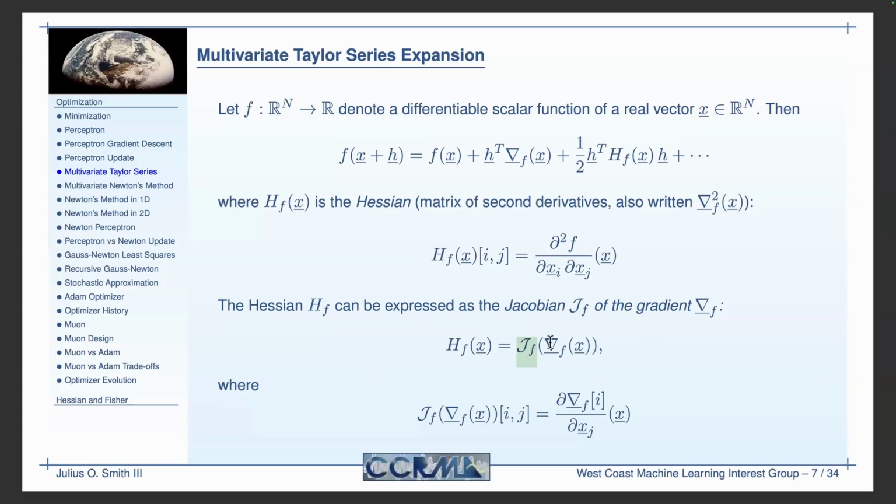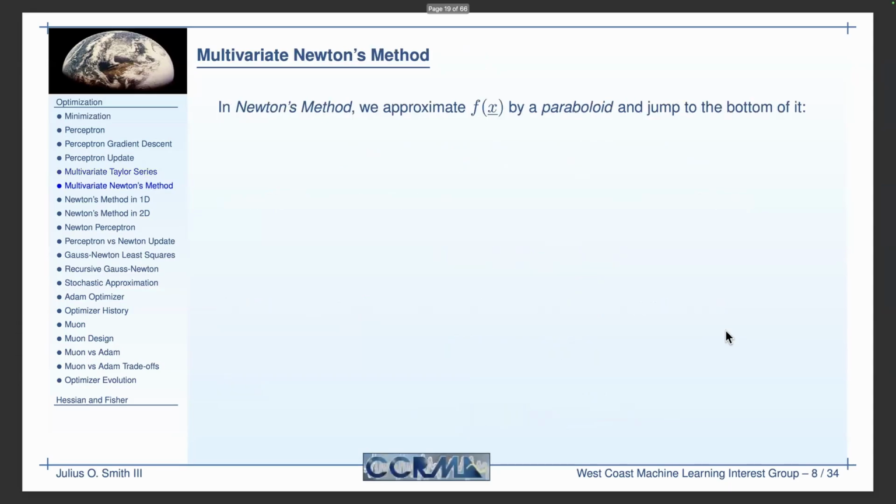And so if you get the matrix of derivatives of the gradient, that's the Hessian. And so sometimes you see it written like that. And so ultimately, though, it's just the matrix of second derivatives. And it's the Jacobian of the gradient. And so here's another way of writing it. And so this is just the notation that you see around.